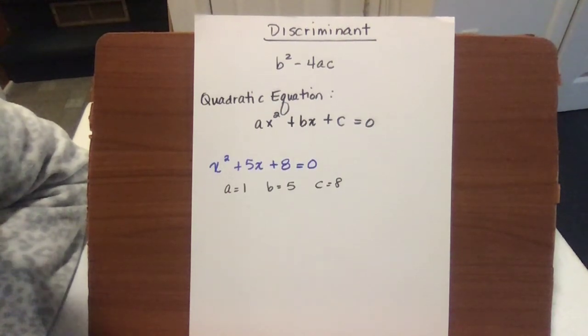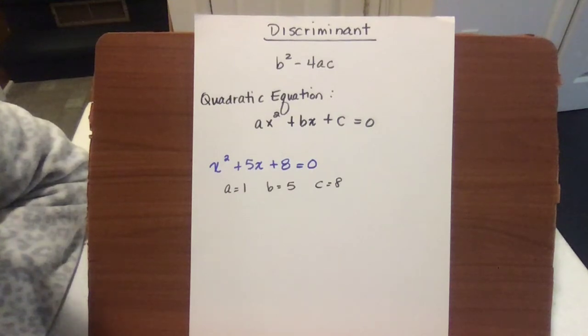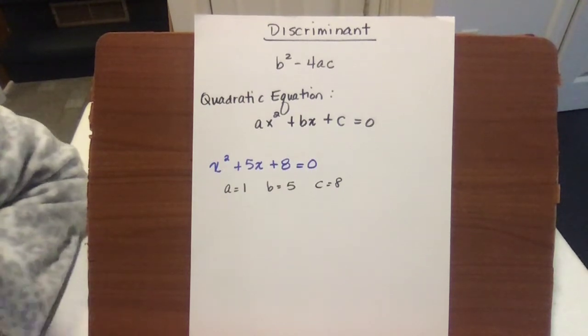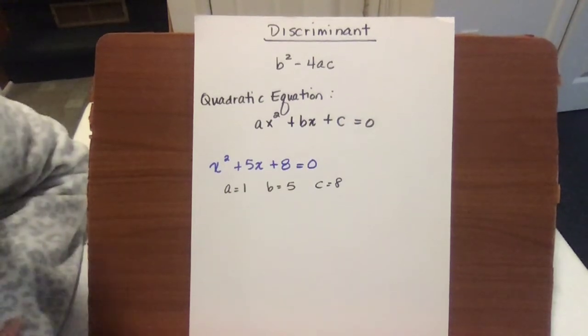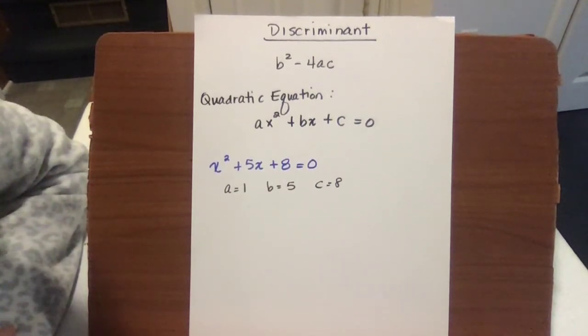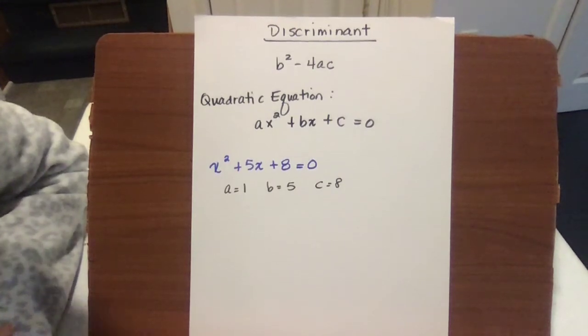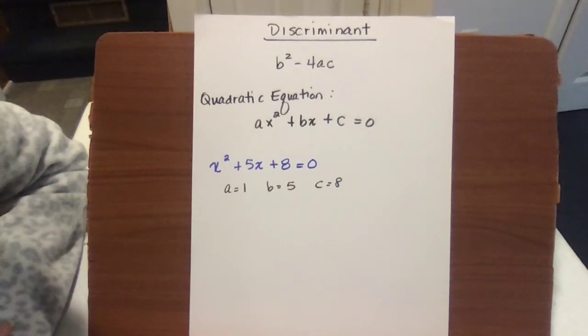We can tell a lot from the discriminant. We can tell whether we have real number solutions or no real number solutions, imaginary or complex numbered solutions, which we're not going to get into in this class. It can also tell you whether you have a rational number for an answer, meaning an integer value, a number that can be written as a fraction, both positive and negative.